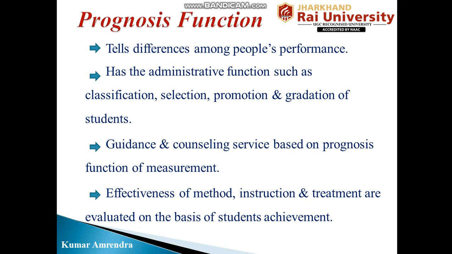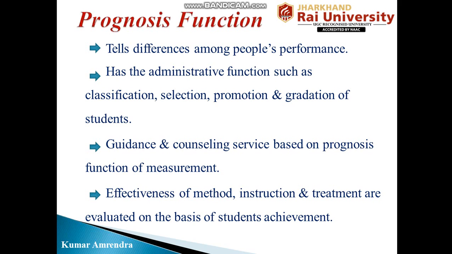It tells the difference among people's performance. It can be measured in terms of the performance of a few people, such as my performance is I can write 4 pages in an hour and you can write 6 pages in an hour. These are the performances of individuals, and it has administrative functions such as classification, selection, promotion and gradation of students.